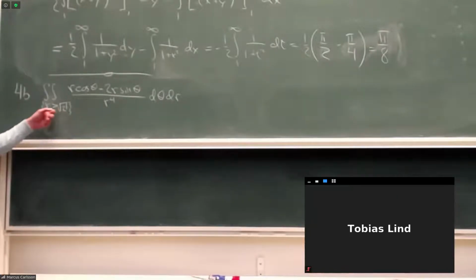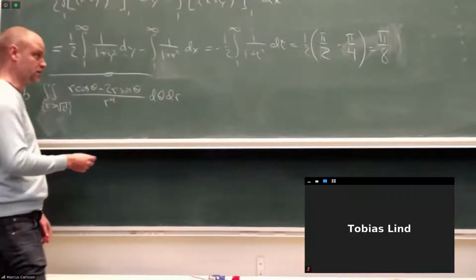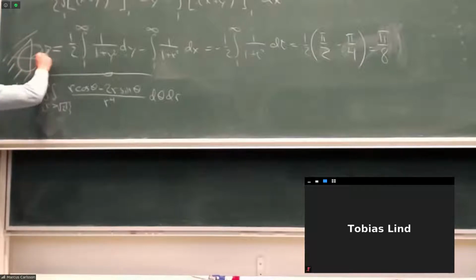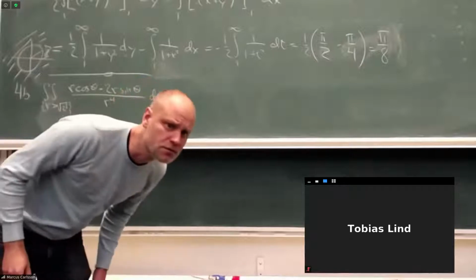This is supposed to be interpreted as the domain of all r and theta with r bigger than square root of 2. So take a radius of square root of 2, and the domain is everything outside of that.